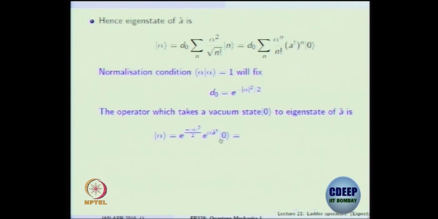Can I also add some exponential operator of A here in front? Am I allowed? Before the ket 0, I can operate by any function of the A operator, exponential of an A operator. What will it be? 0 or 1? The first term will contribute. It will behave like an identity operator, right?